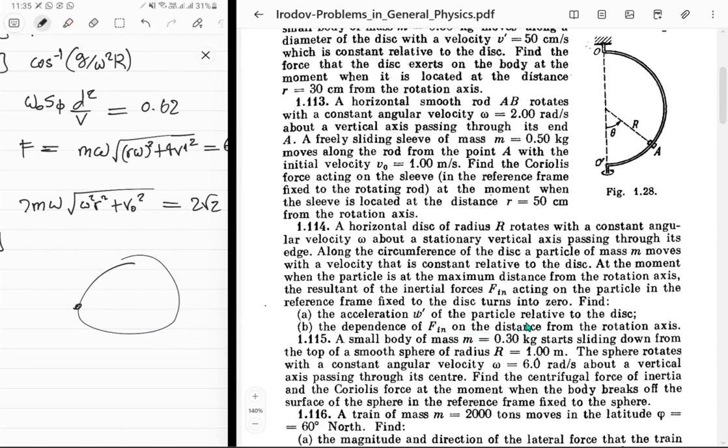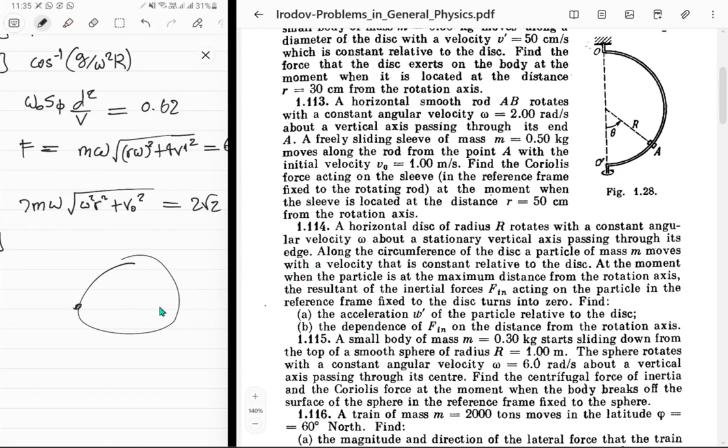Find the acceleration of the particle relative to the disk at that particular moment. Of the inertial forces acting on the particle. What do I make of it? Okay, A doesn't look that bad. It's just relative to the disk, so it's constant angular velocity.